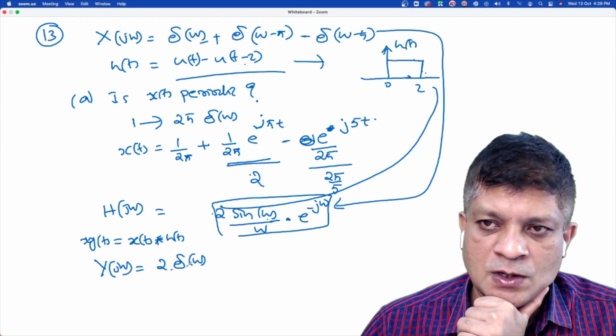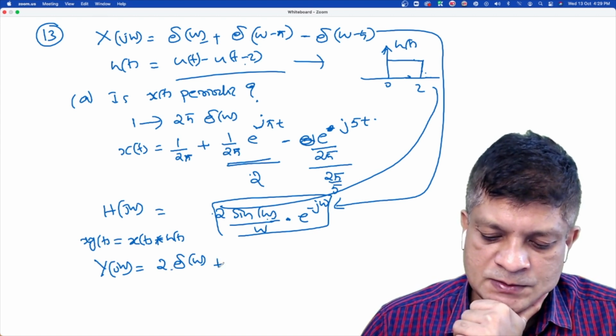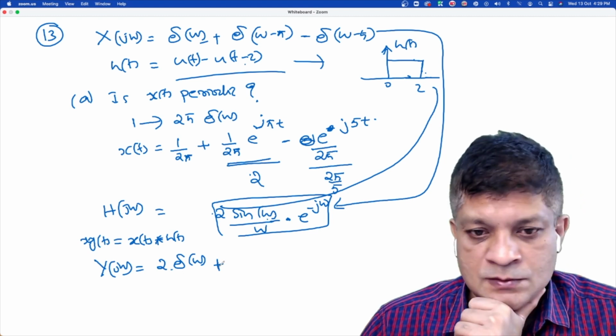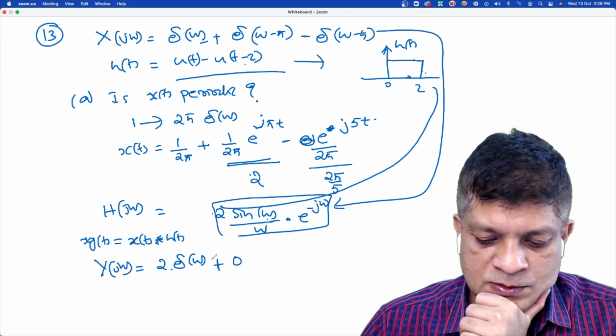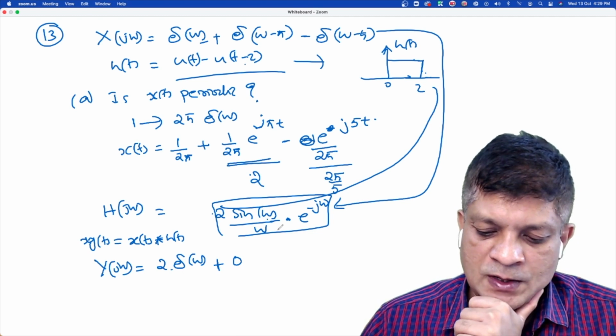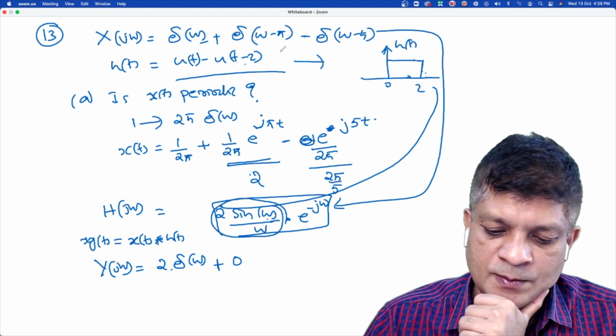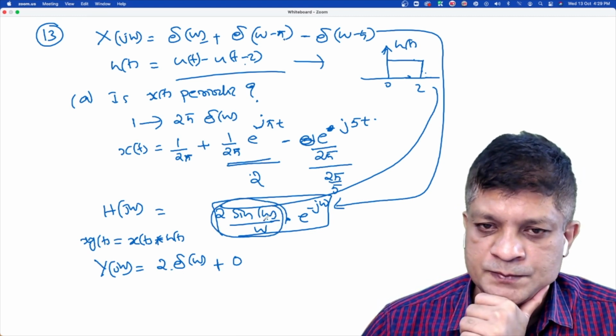Plus 0, because the value of this function at omega equal to pi is 0.